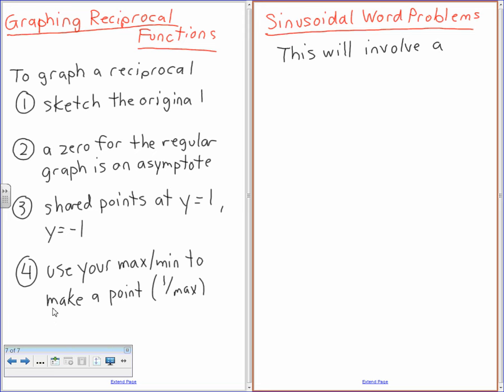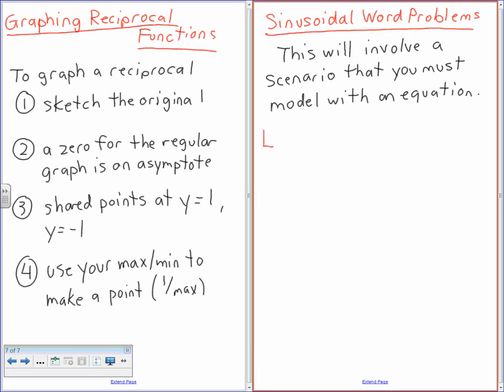This will involve a scenario that you must model with an equation. So here's our example. We're going to say Owen Sound's temperature is given.